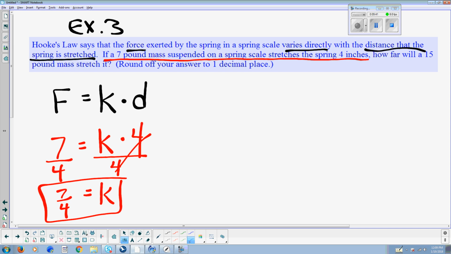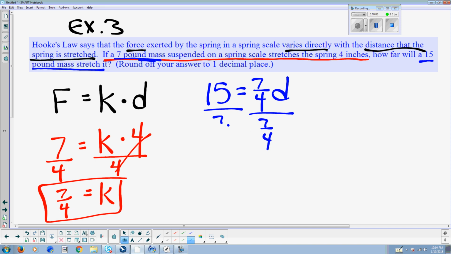Step 3. How far will a 15-pound mass stretch it? The 15-pound mass is the force, so 15 goes in the formula for F. k is 7/4, and we want to know the distance that it will stretch. So to solve for distance, we're going to divide by 7/4.